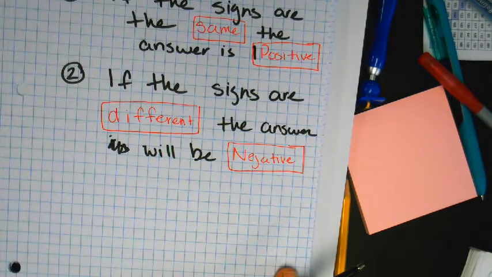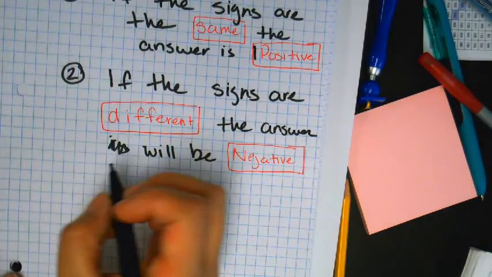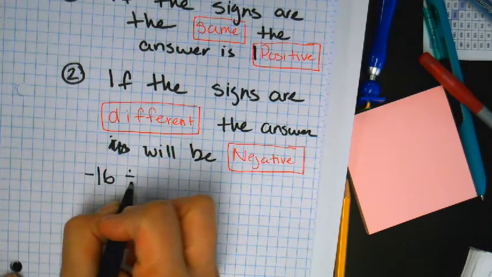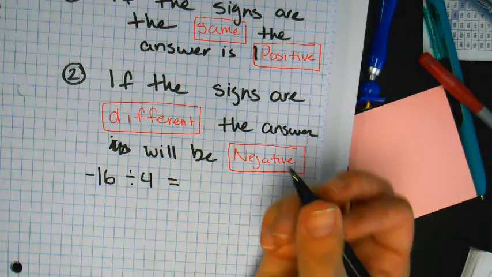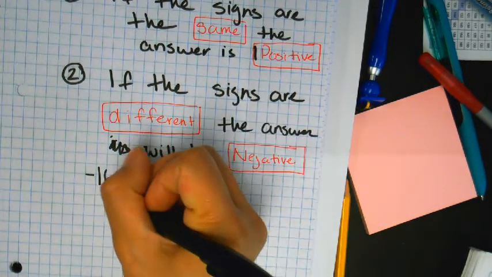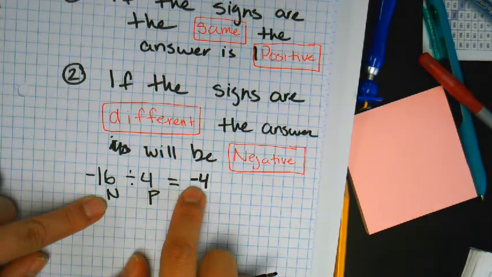It doesn't matter which number is bigger, smaller, which number comes first, second, or third. For example, if I have -16 divided by 4, what's -16 divided by 4? -4. This is a negative, this is a positive, so they're different, which means my answer is going to be a negative.